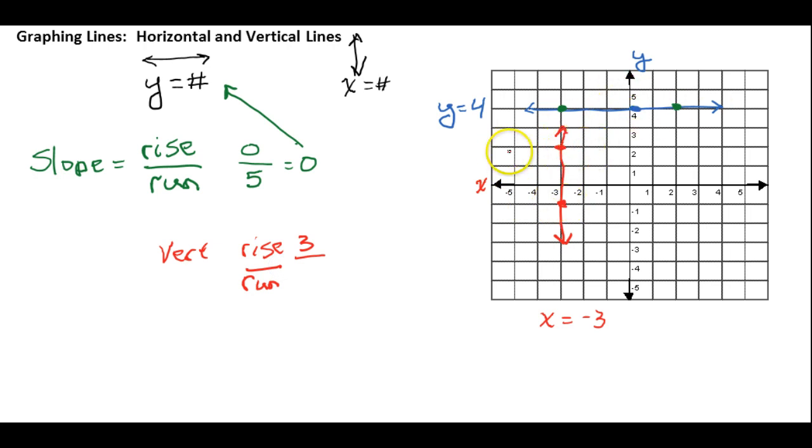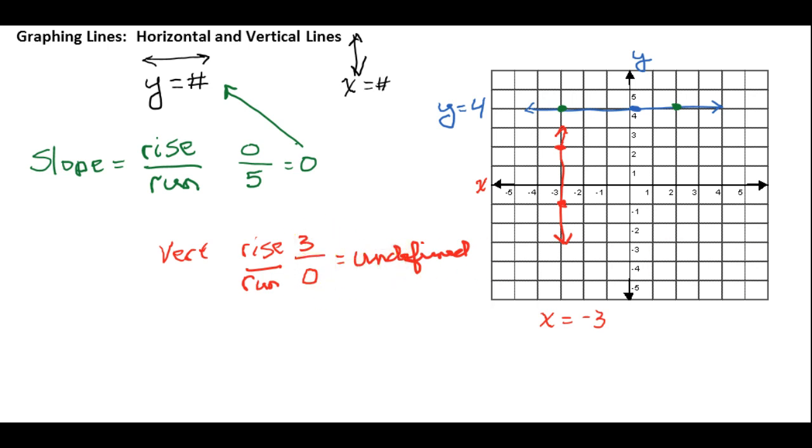We're not moving left and right. There is 0 run, and this unfortunately is undefined. Anything divided by 0, 3 divided by 0, or any number divided by 0, is undefined.